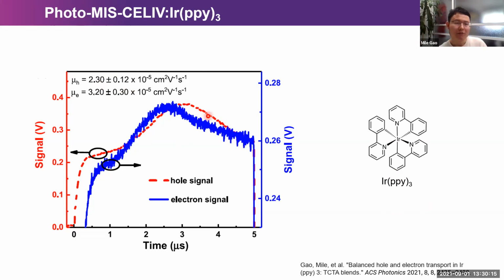The value of the measured hole mobility was close to the previously reported value, which gives us confidence in this method. And the more interesting result is that ERP does have a measurable electron mobility. And this mobility is similar in magnitude to its hole mobility.